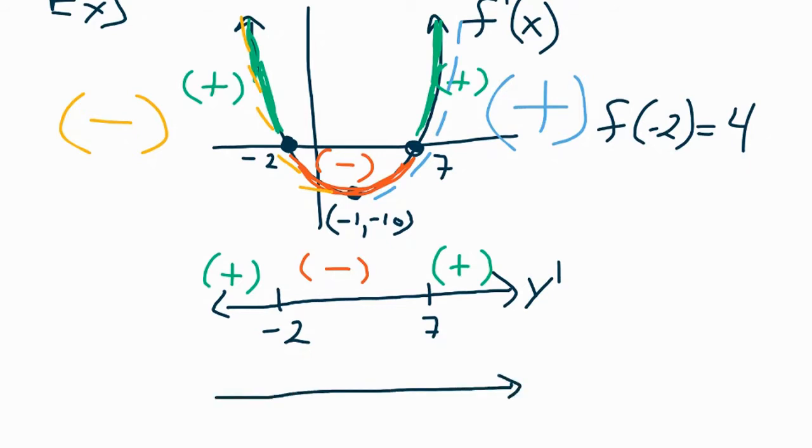So where's the inflection point? Where's the point, the critical point that I put on this second derivative number line? That's right. It's the extrema of the derivative graph.